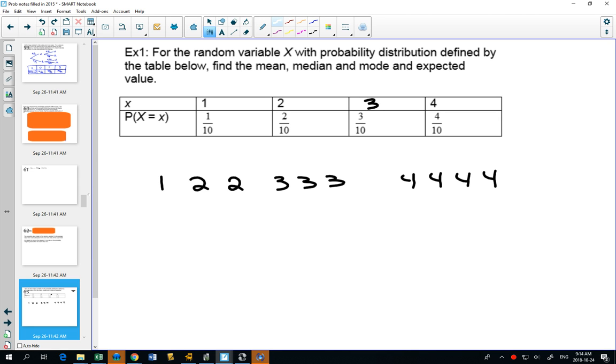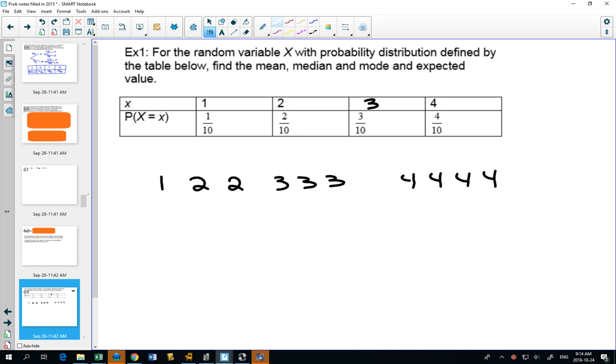Does this give me a probability of getting the 1 of 1 out of 10, the 2 of 2 out of 10, 3 out of 10, and 4 out of 10? So if we consider this, how would you find your average? If those were the 10 possibilities, and you wanted to find the actual arithmetic mean, you could add them all up and divide by 10.